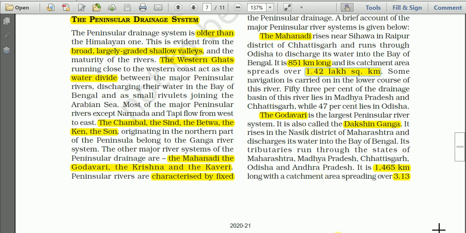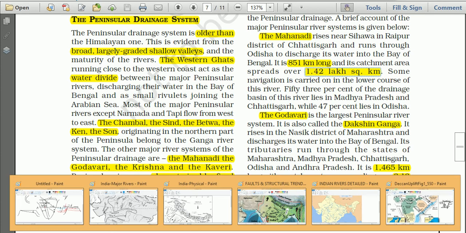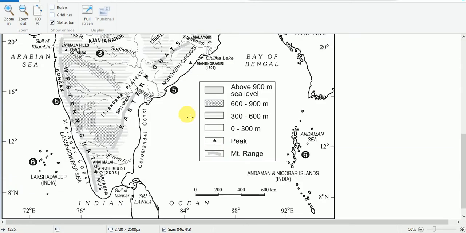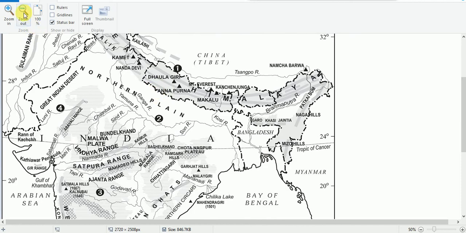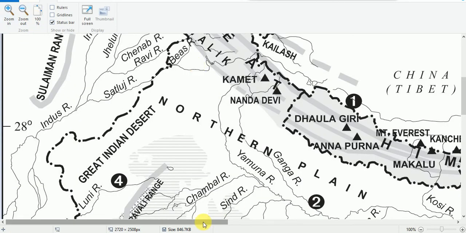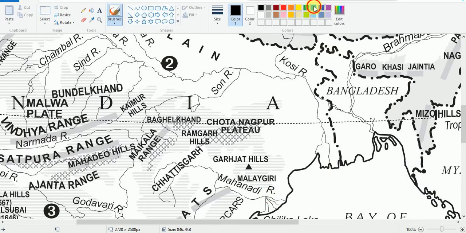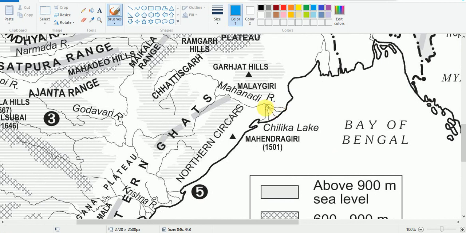Okay, so we may look at the map here. Here we have the physical map. Here lies the Mahanadi River.